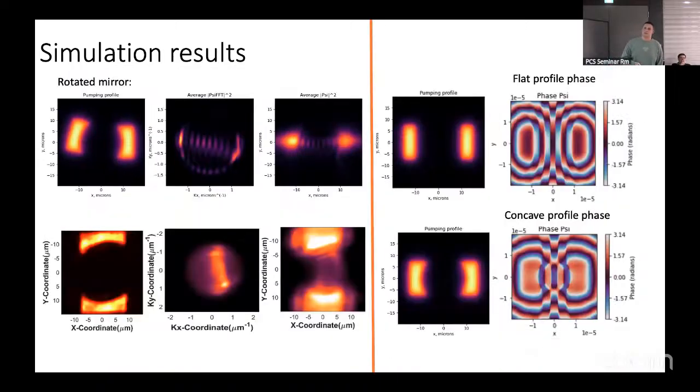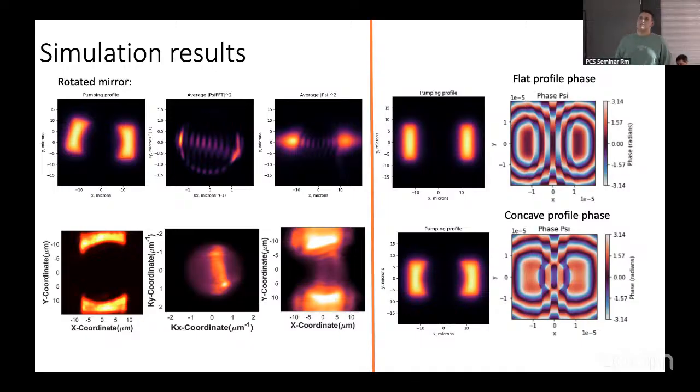So we can compare the simulations with some experiment. For example, here is an experiment where one of the mirrors was rotated at some angle. It's hard to see much from this picture because of the imaging system resolution. Okay, but the pictures are similar.